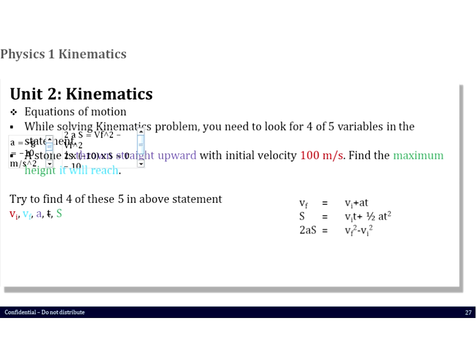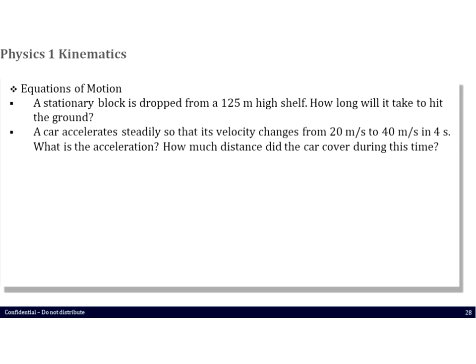Very good. Okay. So this is how you solve the problems, and typical method. First, read the statement carefully, identify the variables, find the equation, plug the values, and you are good.